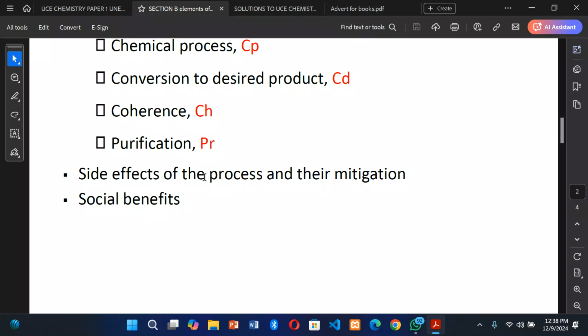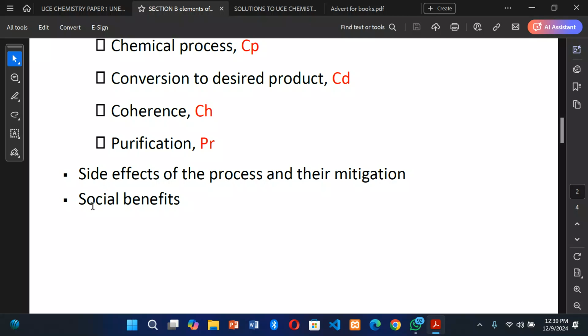If we are talking about producing, maybe, detergents, then we talk about side effects which may come about when we are producing the detergents. If it is cement, then we talk about the side effects of the production of cement. And any side effect we put, we make sure that we mitigate it, and we need only 1 point here, well explained and very well mitigated.